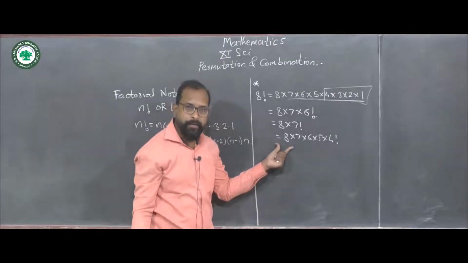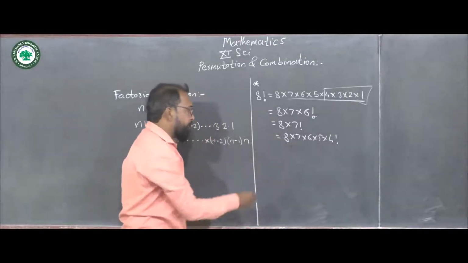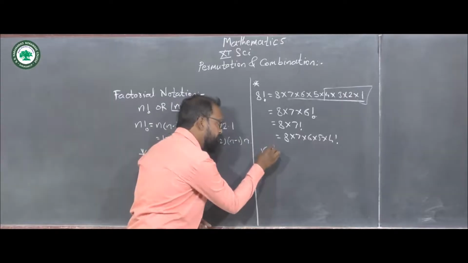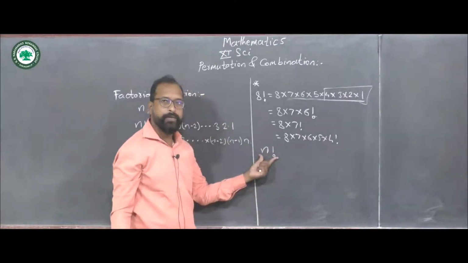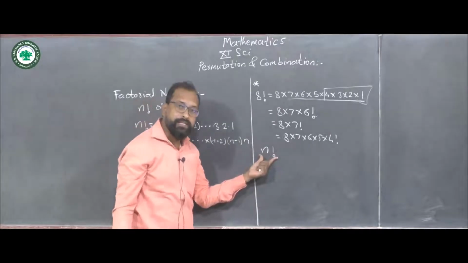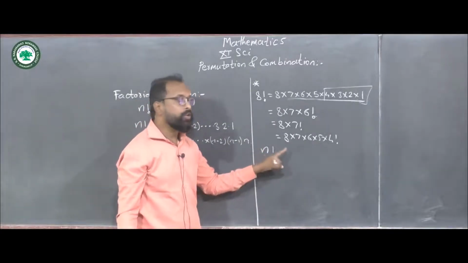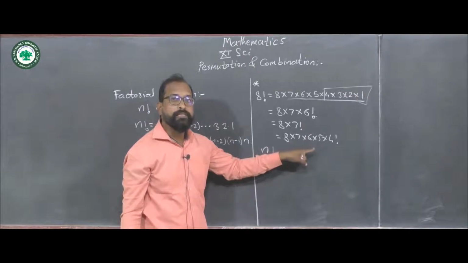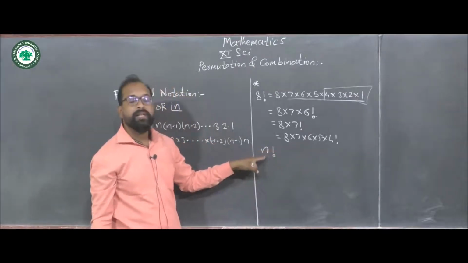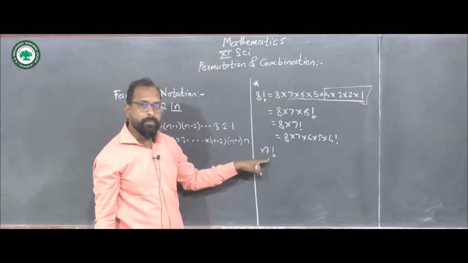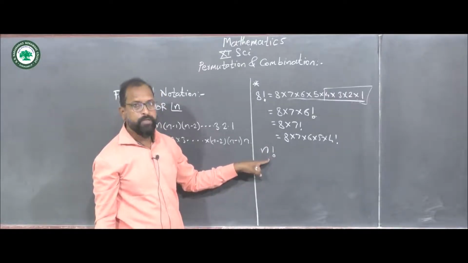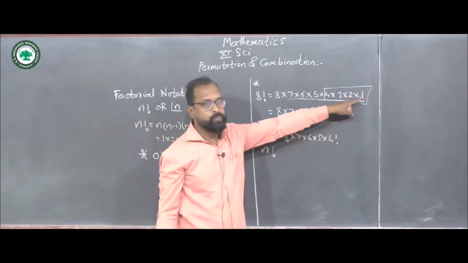It means that for any natural number n, this n factorial can be written as a factorial of any number which is less than n. Which is less than n, but it should be greater than or equal to 1 because the least natural number is 1.